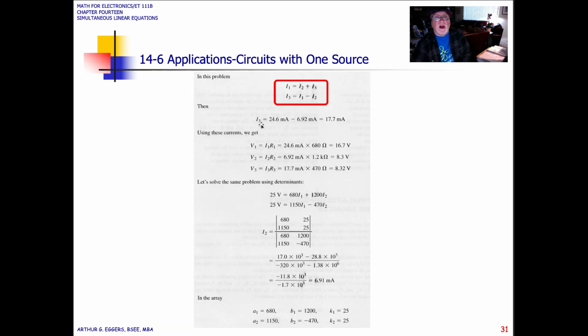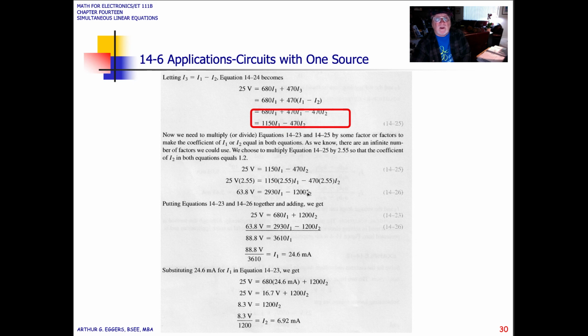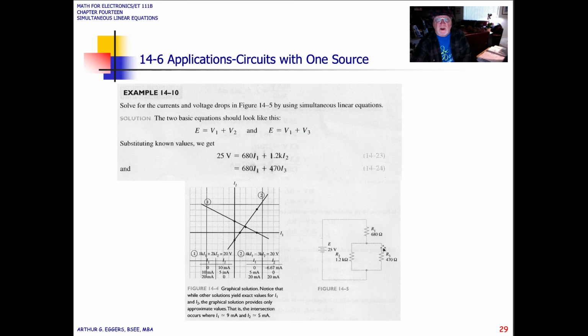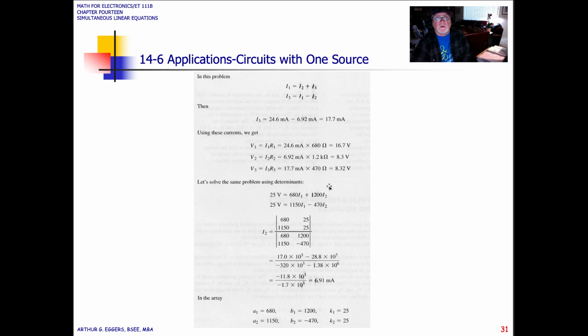So then I3 is equal to 24.6 minus 6.2. These are two values that we just solved for. If we go back here and look, there's 24.6, there's 6.92, and we end up with a current for I3 of 17.7 milliamps. That's the current through that resistor after it splits from the total. Now we can look for the voltage drops across each of those resistors.